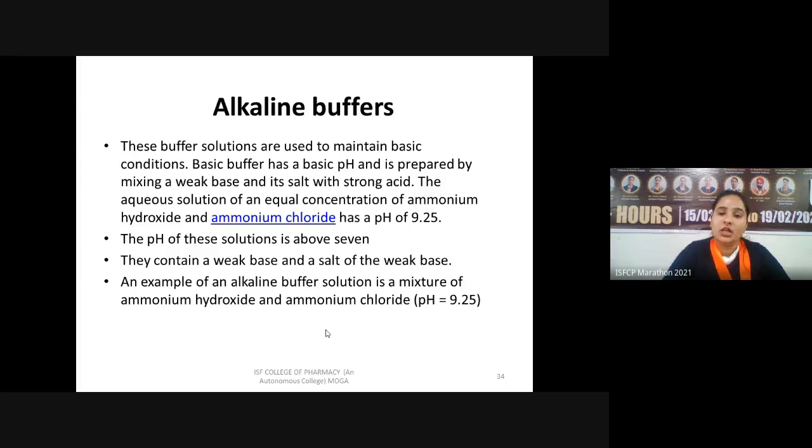The pH of this alkaline buffer is about 9.25, which is above 7, on the alkaline side. So we have discussed the example of an alkaline buffer solution, a mixture of ammonium hydroxide and ammonium chloride, with pH towards the basic side, 9.25.